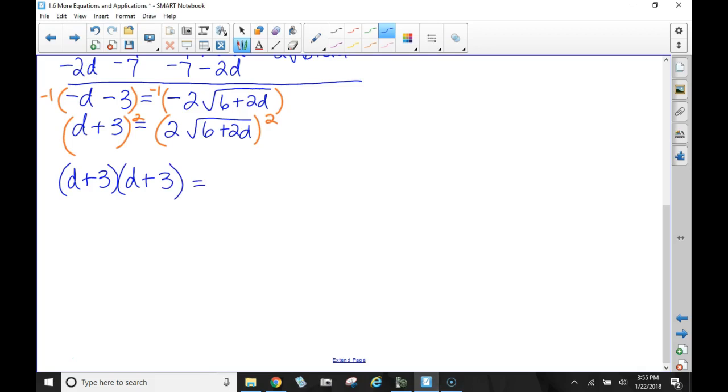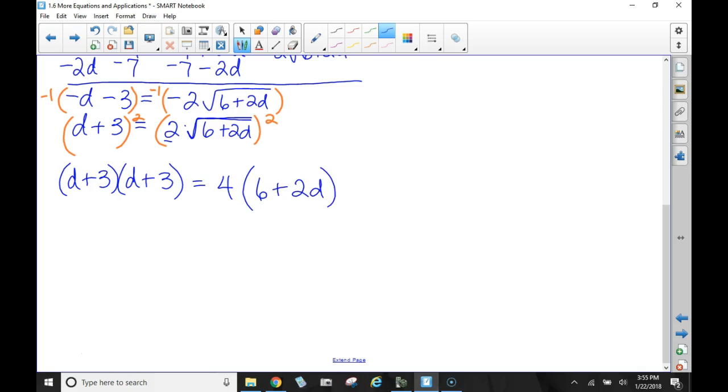Now on the right-hand side, when we square a product, 2 times the square root of 6 plus 2d, you can just square each factor. So 2 squared is 4, multiplied by the square of the square root of 6 plus 2d. That's just 6 plus 2d, no radical. That's why we squared both sides, to get rid of the radical.